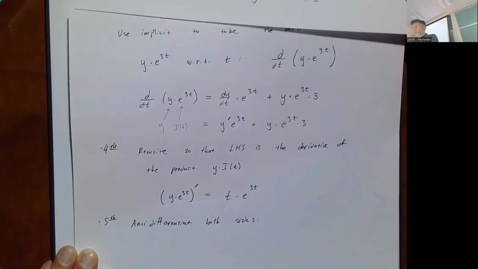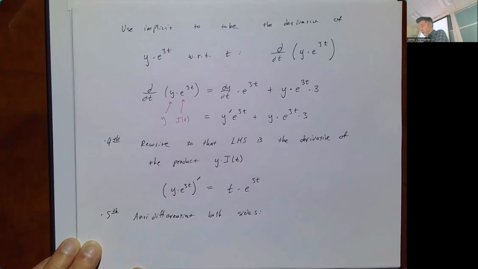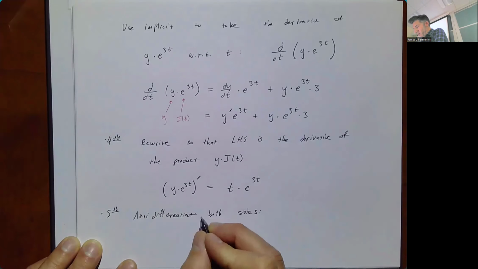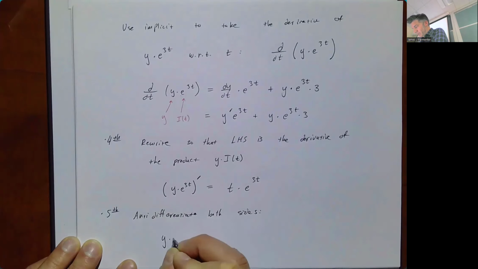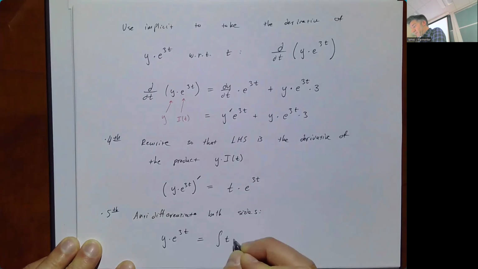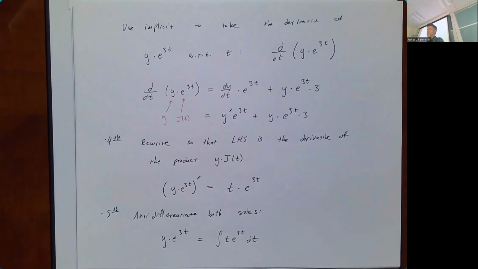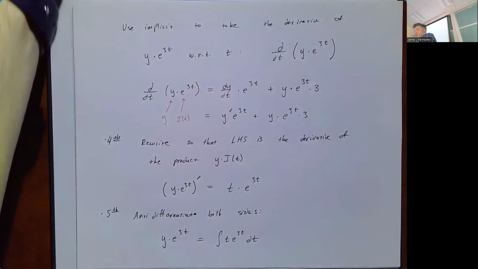The antiderivative of the derivative is just the function. On the left-hand side, you're going to get y times e to the 3t. On the right-hand side, we are going to have to actually take the antiderivative of t e to the 3t. That sometimes is difficult. This one's actually going to be a little bit difficult. We are going to do it.